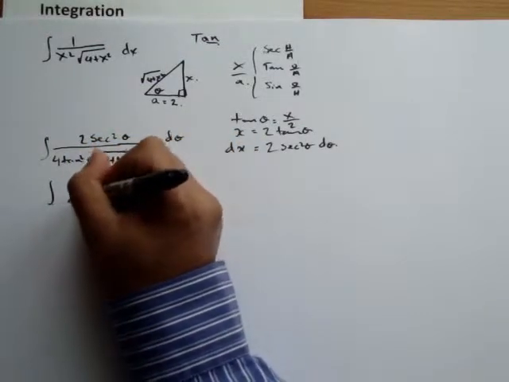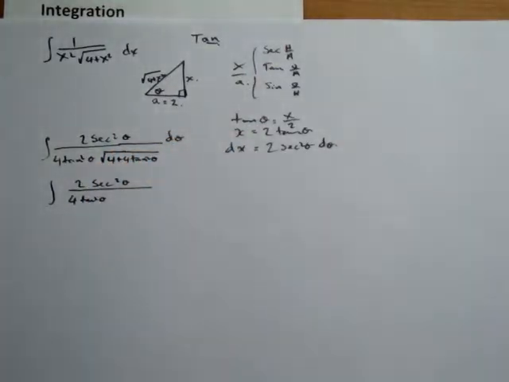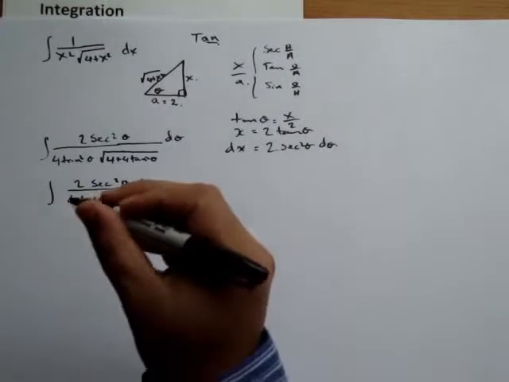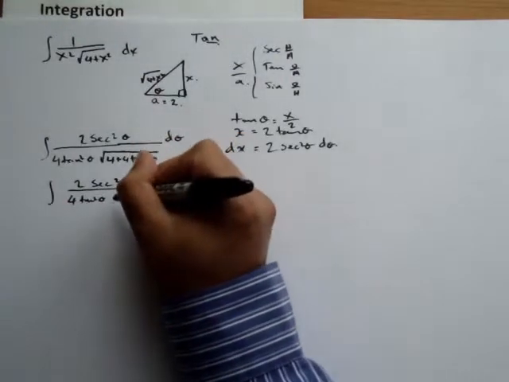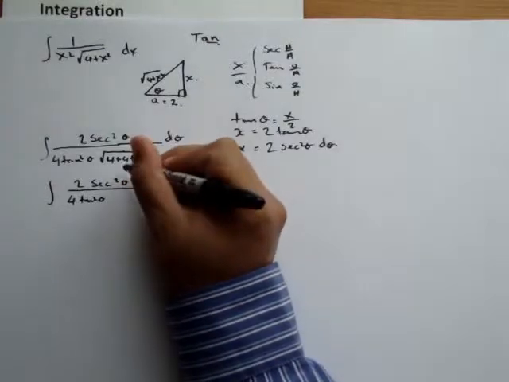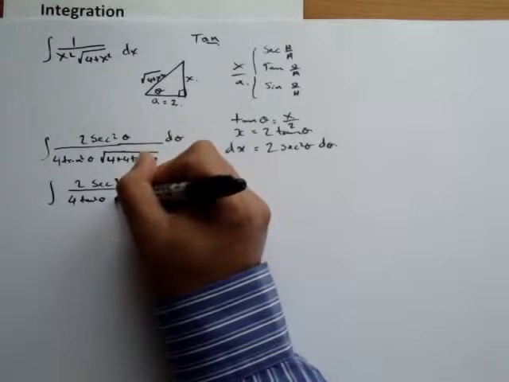Here we're going to use our identity. So moving the 4 out, we get 4 times (1 plus tan squared theta), square root of.